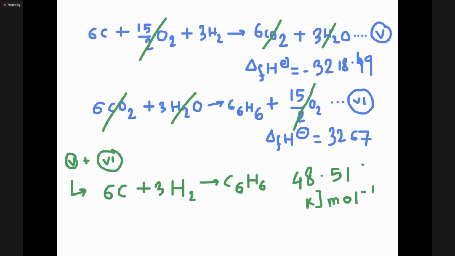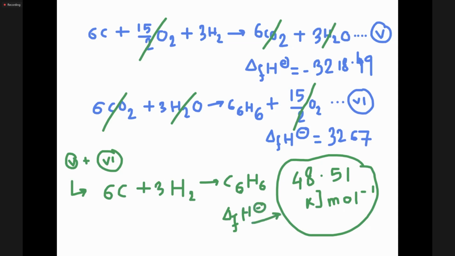So this is the delta fH minus value of benzene. Ultimately, we have got our desired answer, that is delta fH minus of benzene, 48.51 kilojoule per mole.